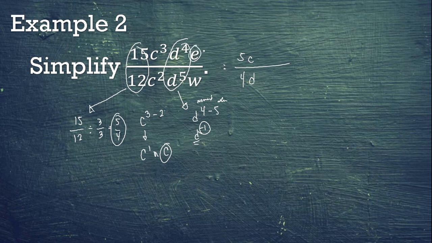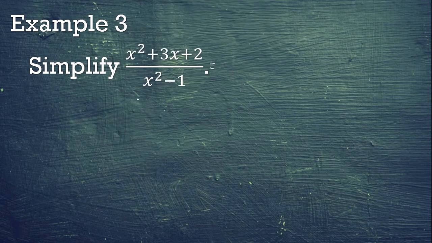As we can see, we don't have any other variable beside E in the numerator. So technically, we will just copy E here. And this is the same as well as the W. And then we have the final answer.